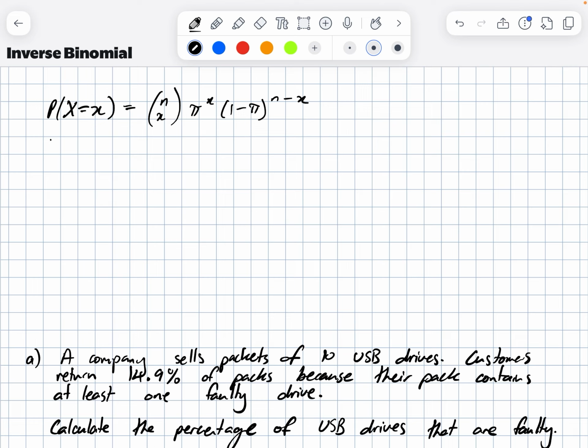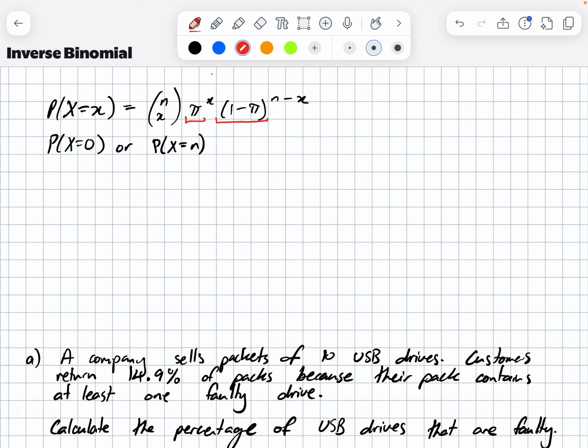For an inverse binomial to work, you need to know either the probability that x equals 0 or the probability that x equals n. And the reason for this is that we have two parts that have pi in it, so if we're not able to get rid of one of those, then it'll be quite a complicated solve.